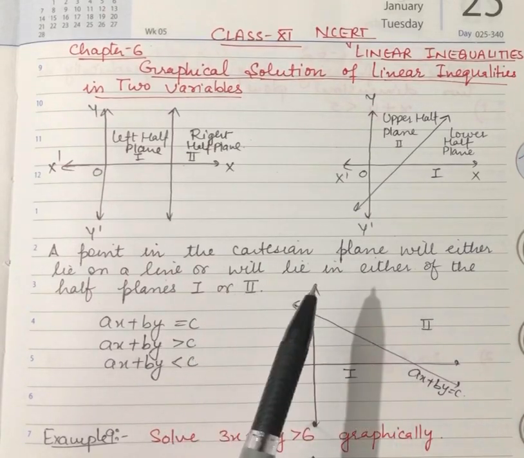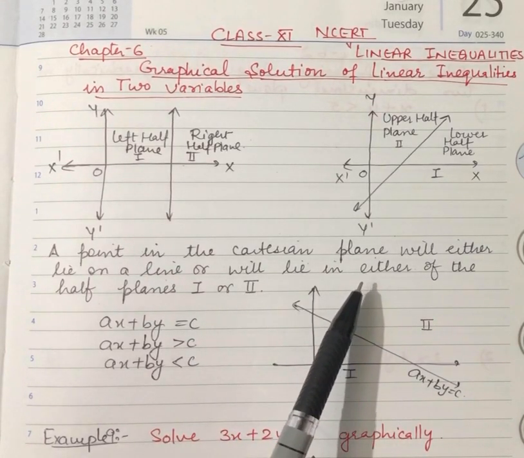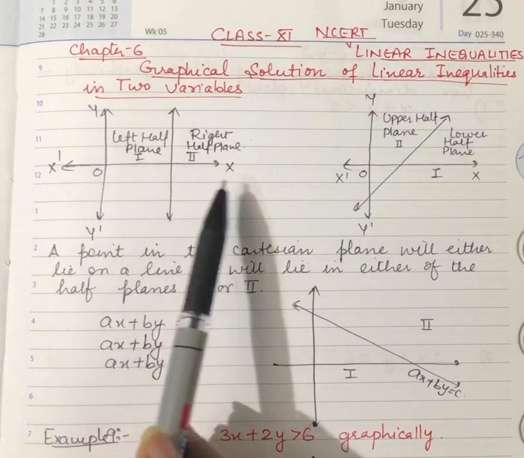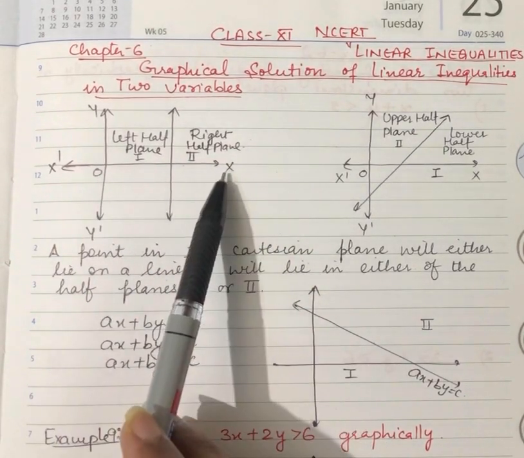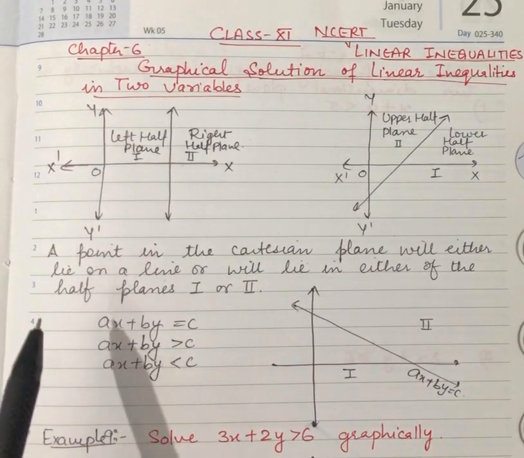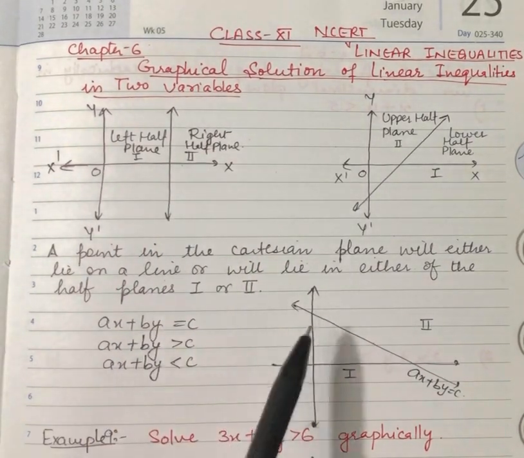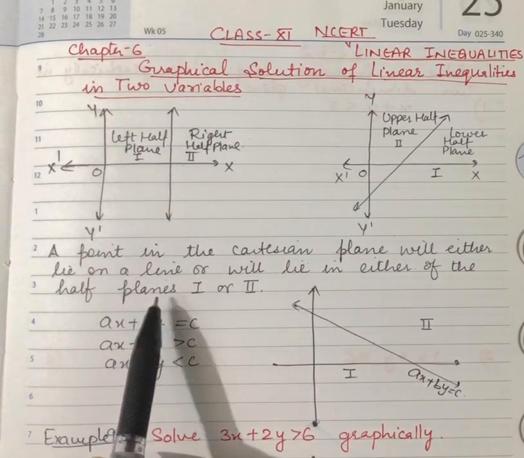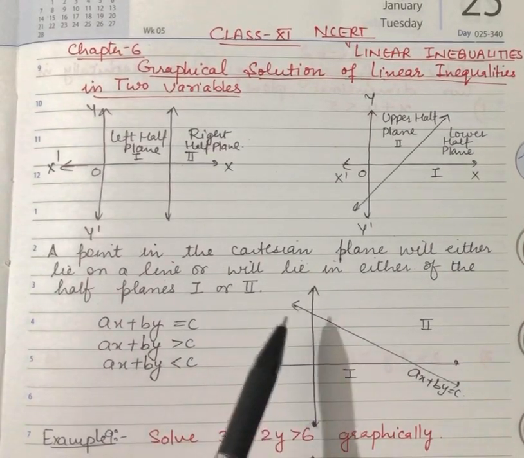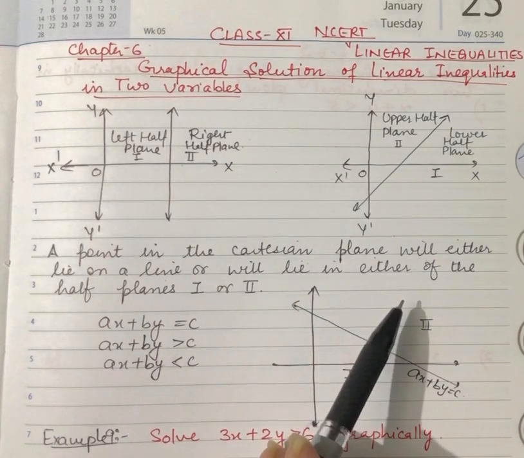If we take any point in the Cartesian plane with two coordinates, x coordinate and y coordinate, there are three options for that point. Either it lies on a line, or it lies in the first half plane, or in the other, second half plane.